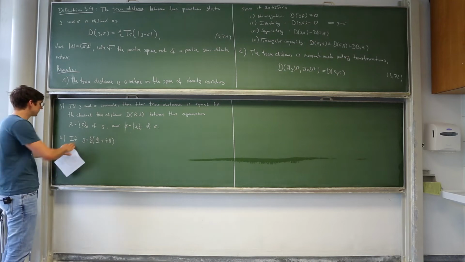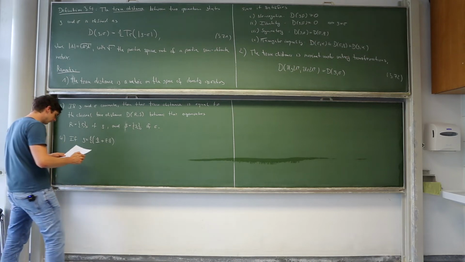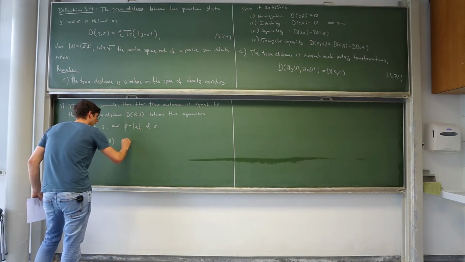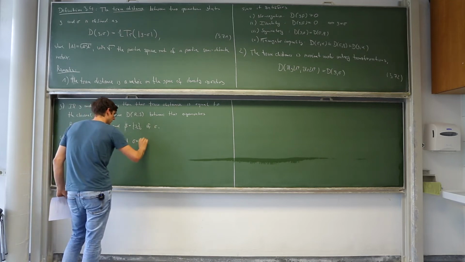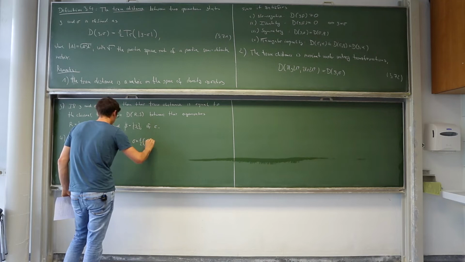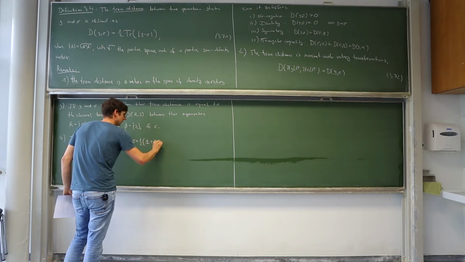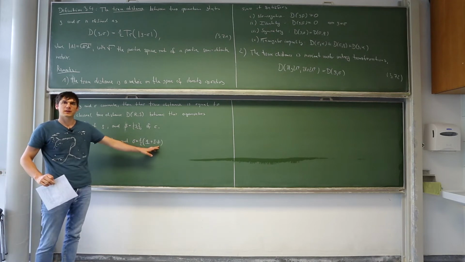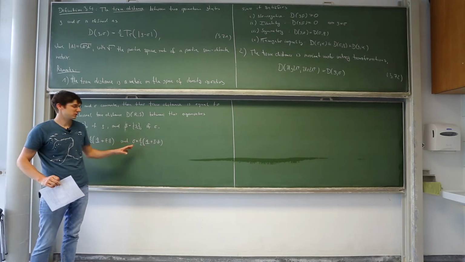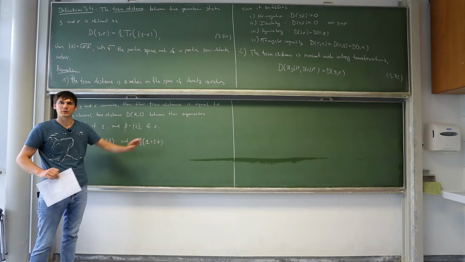So let's express rho in this way and also sigma. And sigma is equal to 1/2 identity plus s times vector sigma. So don't mix it up with the Pauli operators, right? So this is a density operator and these are the Pauli operators.